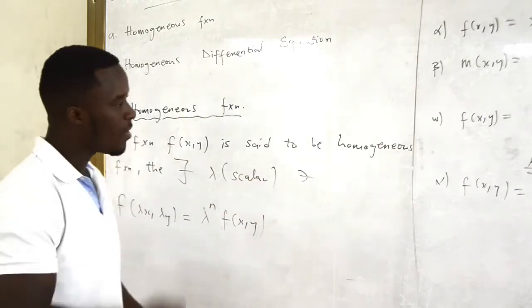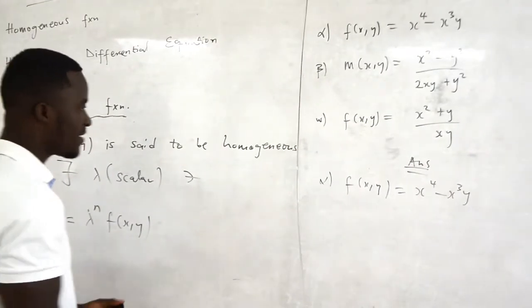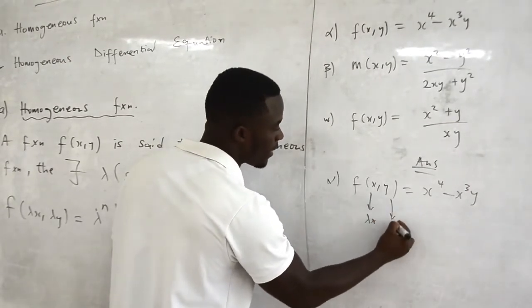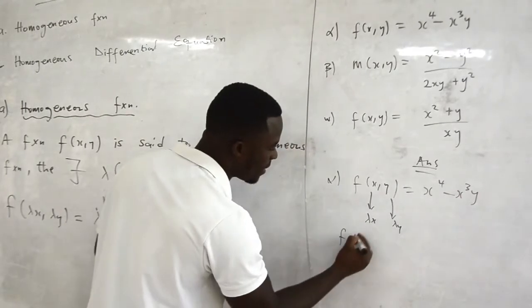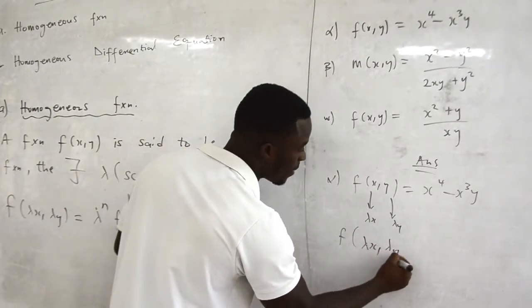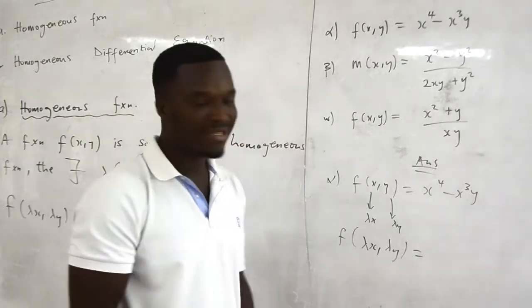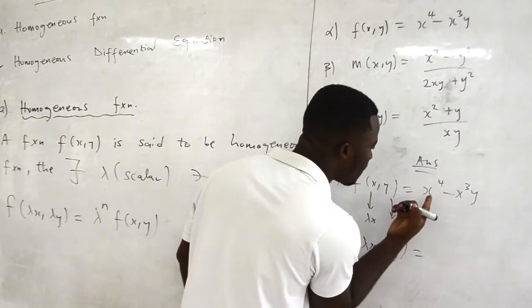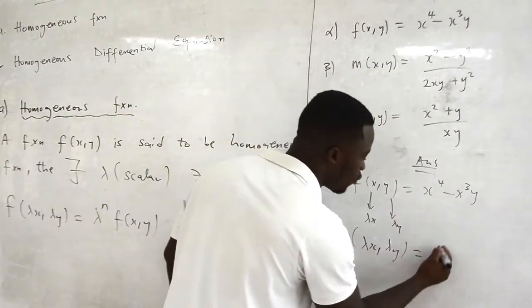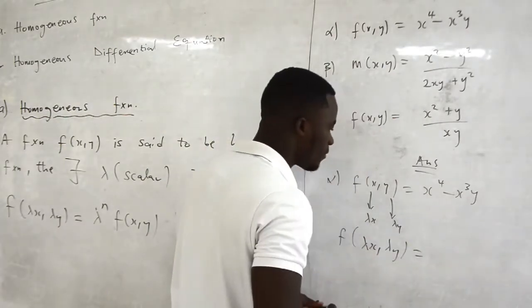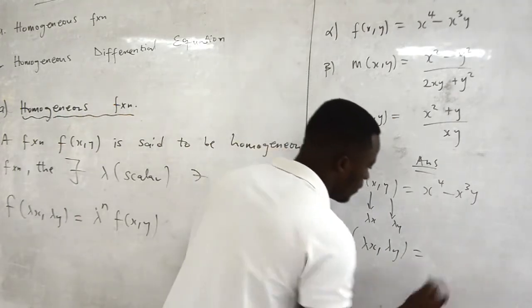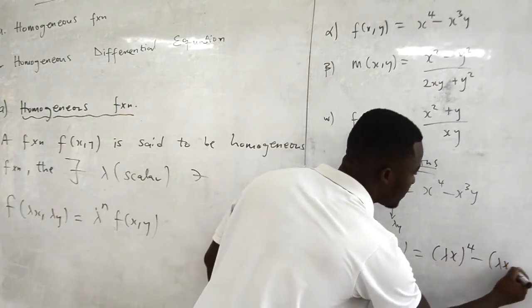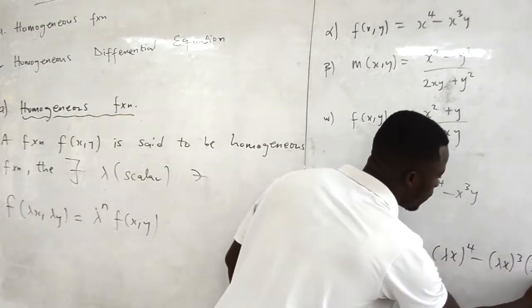Now let's come back to alpha. The first thing is that I change x to lambda x and y to lambda y. So f of lambda x, lambda y equals lambda x to the power of 4 minus lambda x to the power of 3, lambda y.